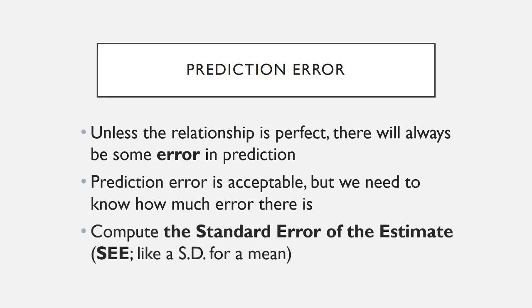The way we do that is with an outcome that we refer to as the standard error of the estimate, or SEE. This is going to look a little bit like your standard deviation for the mean. The key difference, though, is that with standard deviation you are just evaluating the distance of all of your scores from a single numerical point, i.e. the mean. Standard error of the estimate is meant to quantify the distance of your data points from where you would predict them to be based on your best fit line.